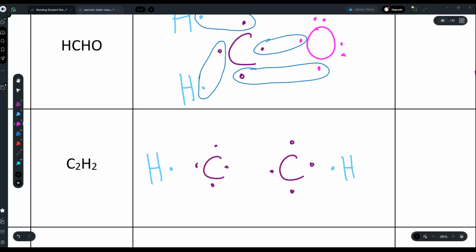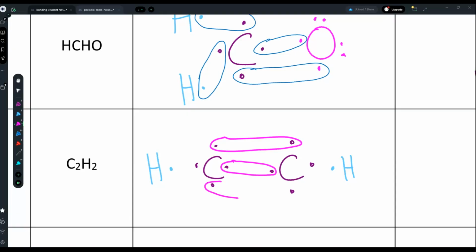Okay, that is incorrect. So what I'd recommend is pair up the bonding electrons on the hydrogen last. So I'm going to take care of the ones on the carbons. And then we'll take care of the hydrogens. So there and there.